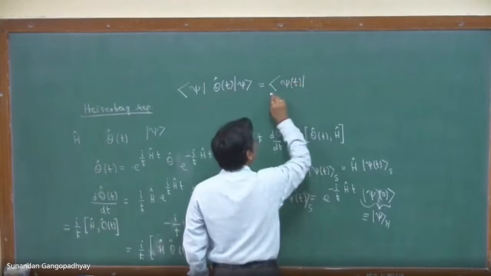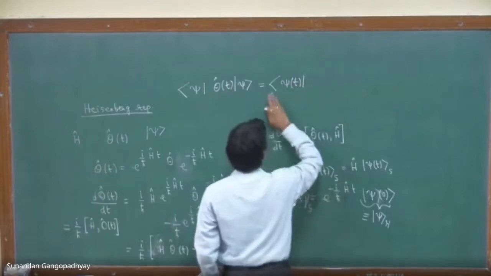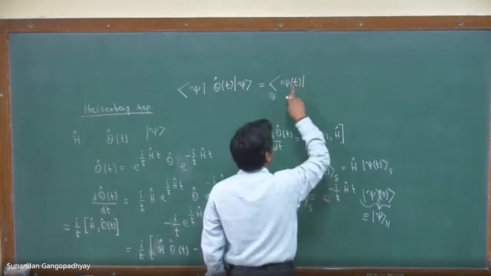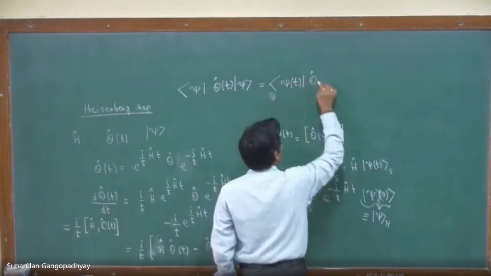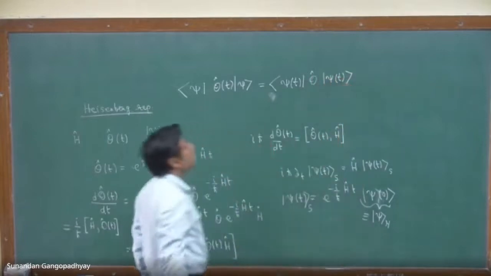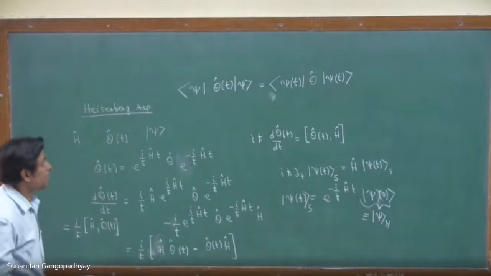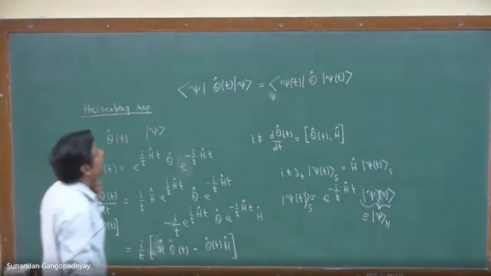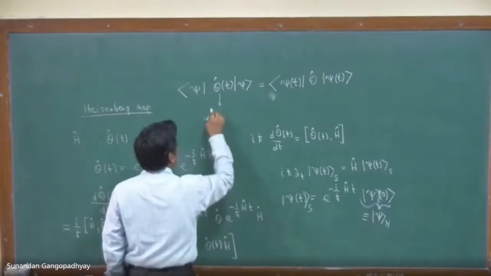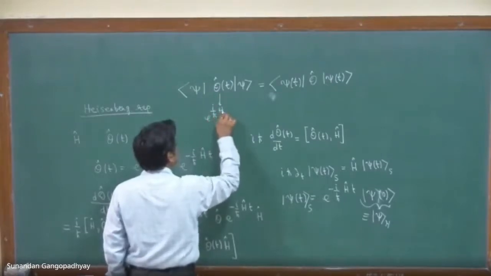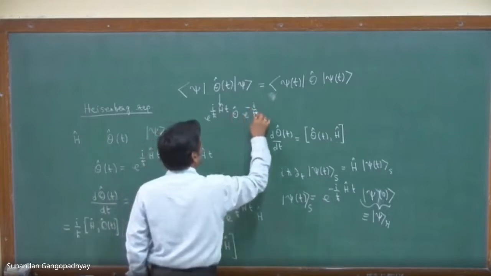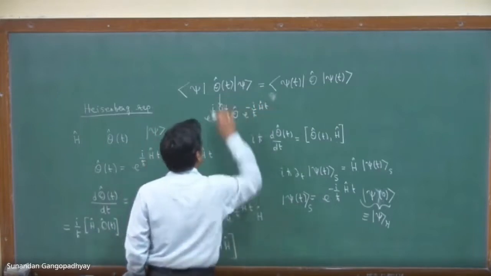psi t in the Schrodinger representation. I'm just omitting s for the time being, because just remember that this is time dependent, therefore this is in the Schrodinger representation, and this must be equal to this. Right? Matrix elements should be the same. And from here also, if we just plug in the form of O hat t, which is e to the power of i by h bar H hat, this O hat e to the power of minus i by h bar H hat, you just put it over here.